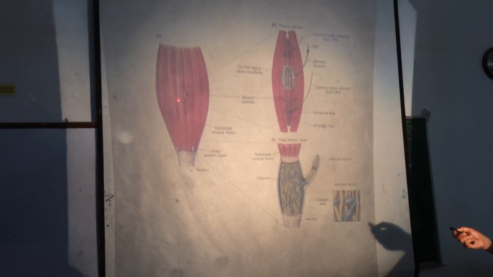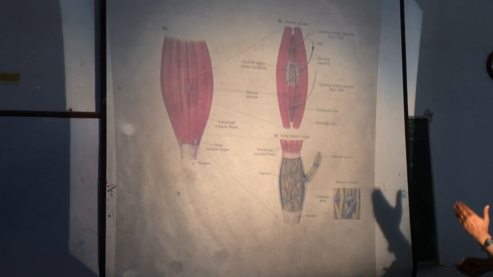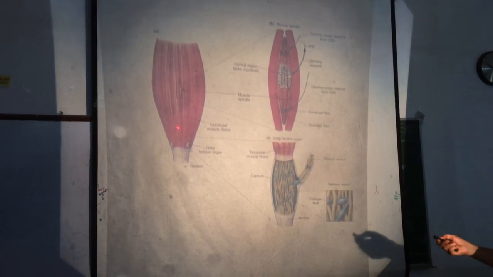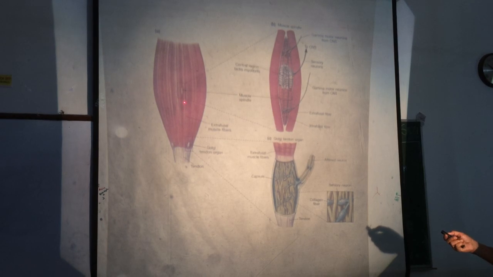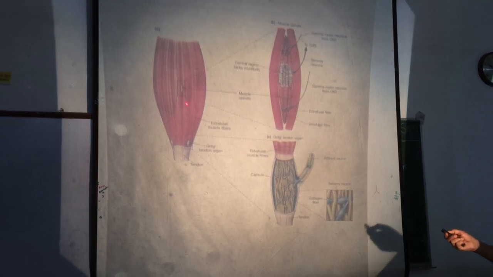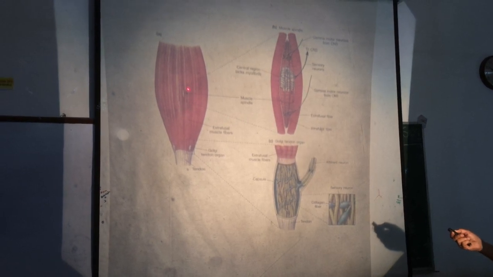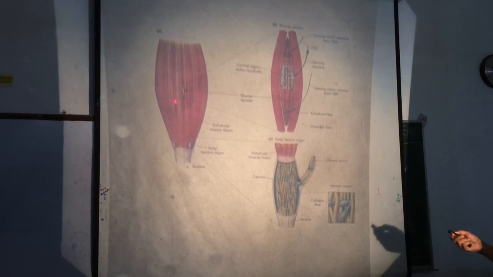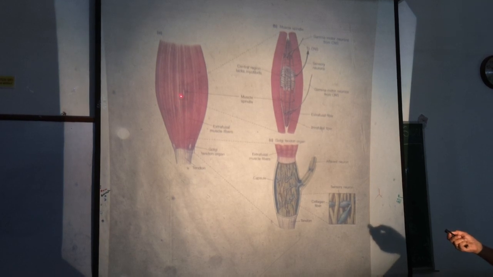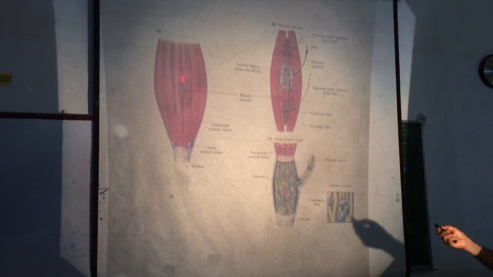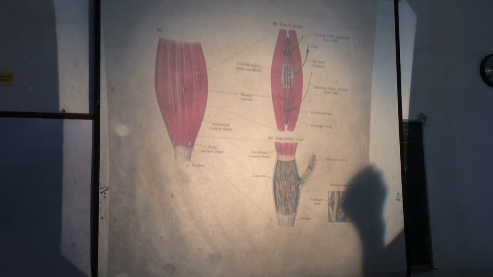Their long axis is along the long axis of the muscle fiber. The ends of the muscle spindles are fused with the sides of the muscle fibers. So what will be the significance?